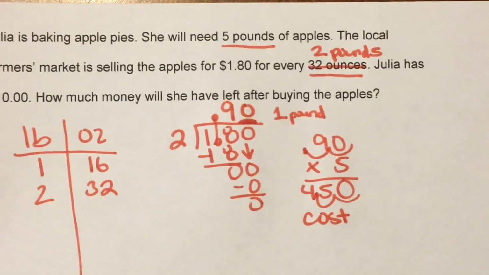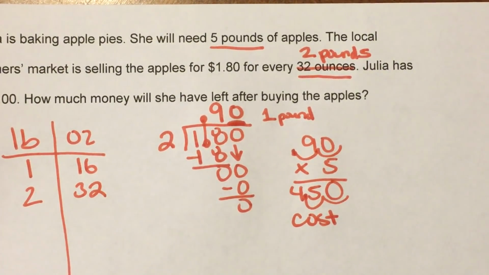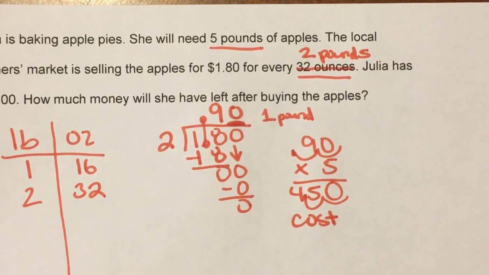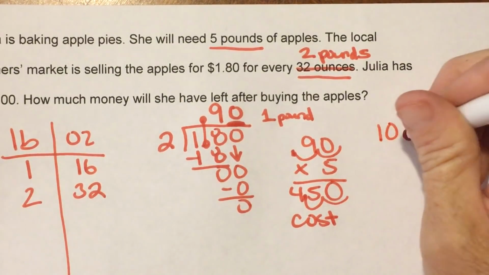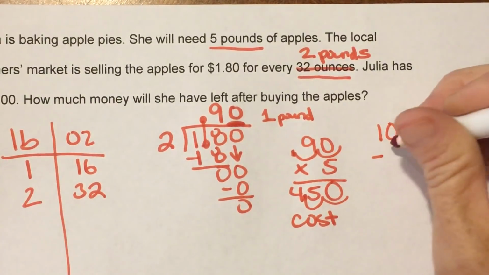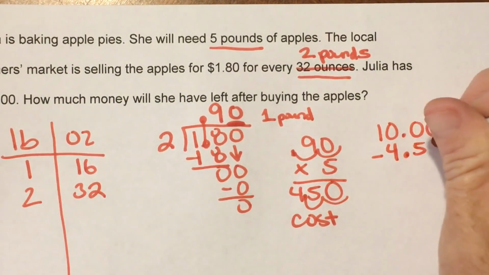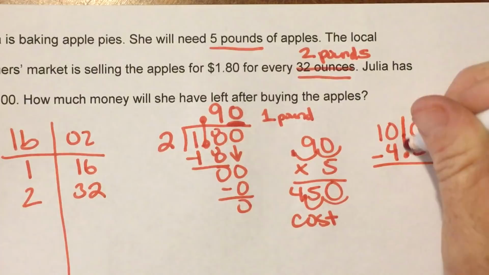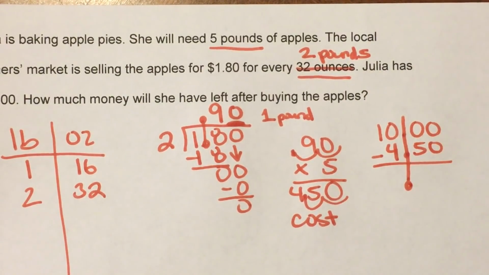But the problem says that she has $10 and they want to know how much money she's going to have left. Well, that means it sounds like I have to subtract how much she's going to spend from what she has, and remember when you subtract decimals, you line up the decimal.